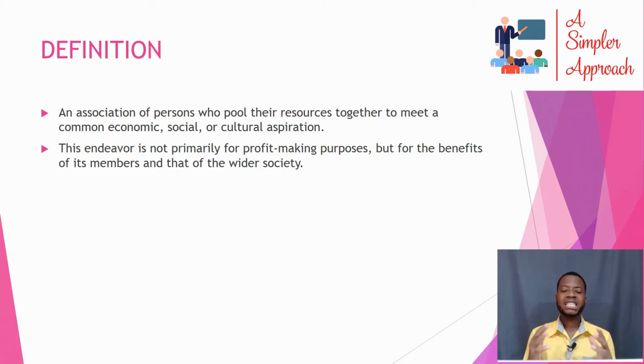All right? So that's the background upon which cooperative societies come about. An association of persons, same goal, same dream, same aspiration, and in order to accomplish that, they pool their resources together.